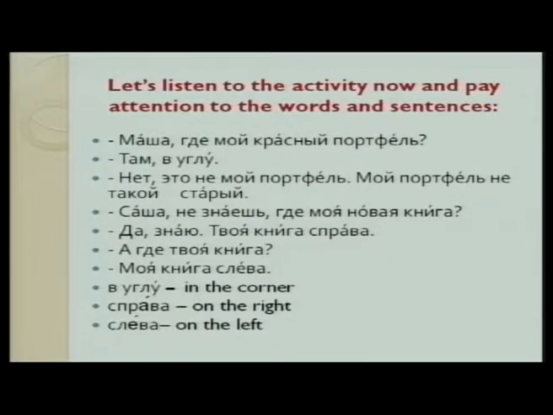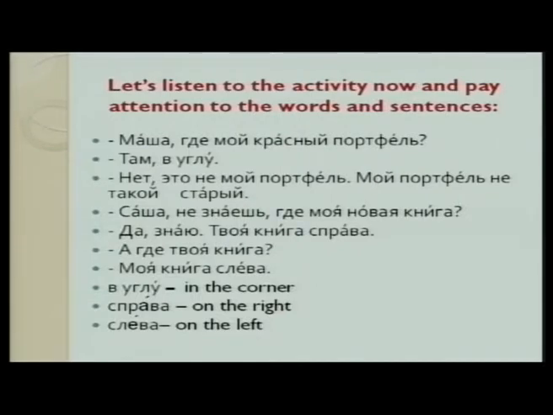If we pay attention to the usage of words, expressions and verbs in Russian, in a text written in dialogue form, for example: Masha, где мой красный портфель? Там, в углу. Нет, это не мой портфель.